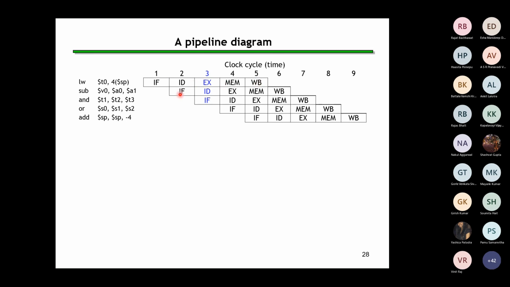Now, if I do certain augmentation in my hardware, as soon as the first instruction finishes this IF part, this hardware becomes free. This hardware module becomes free. In the second clock cycle, it can process the IF part of the second instruction.